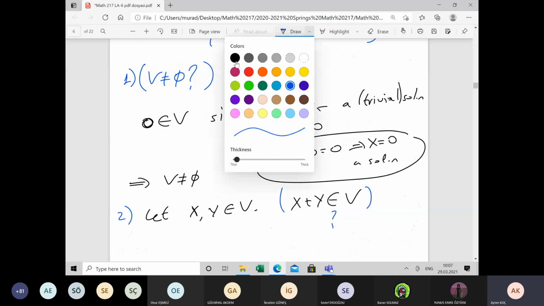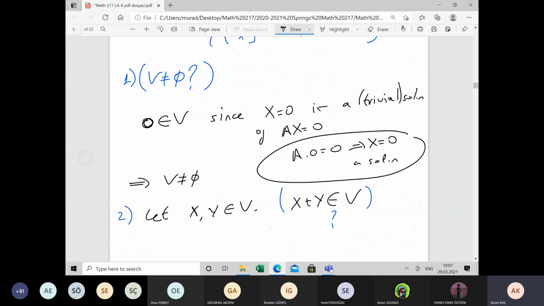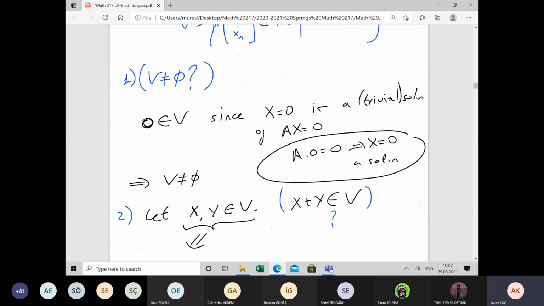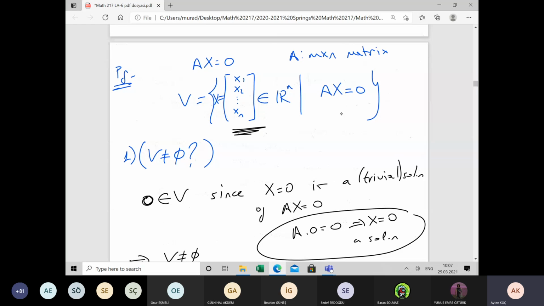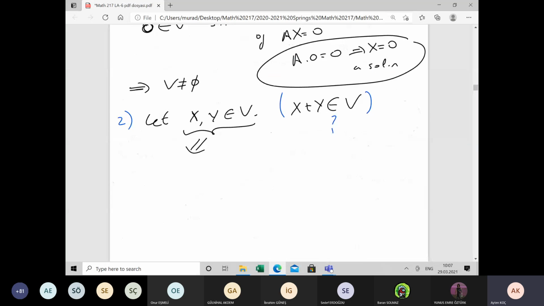V contains solutions of our system, so Ax is 0 and y is a solution of this system, so Ay is 0.